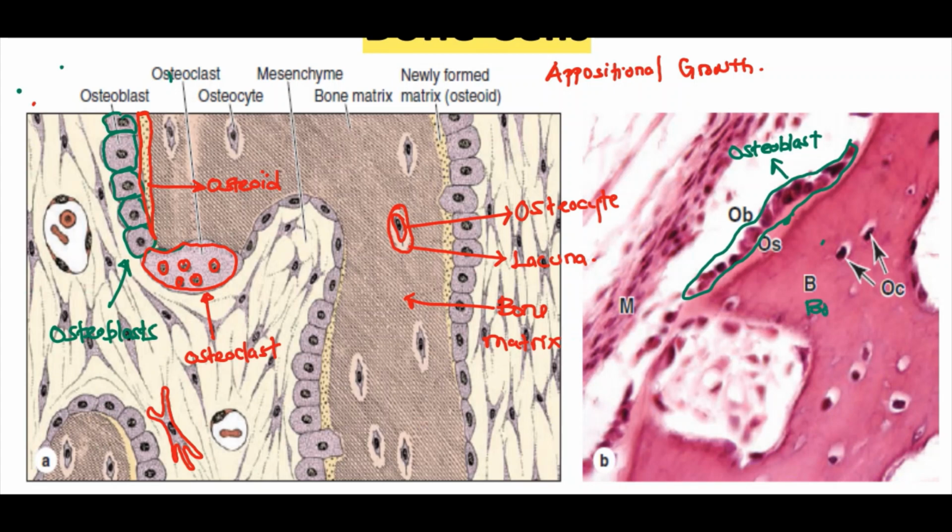So this is the bone matrix, and this layer here is what we call osteoid. You can see this is a lacuna. Inside of the lacuna, there is a cell, an osteocyte. And then this here is a giant multinucleated cell. This is the osteoclast. All right. So let's move on.